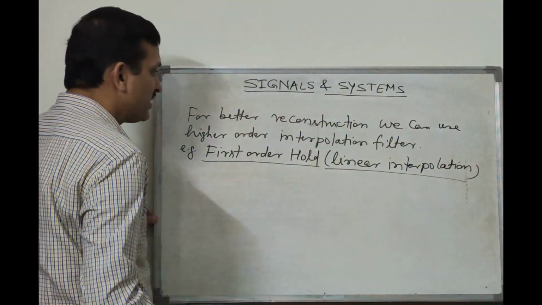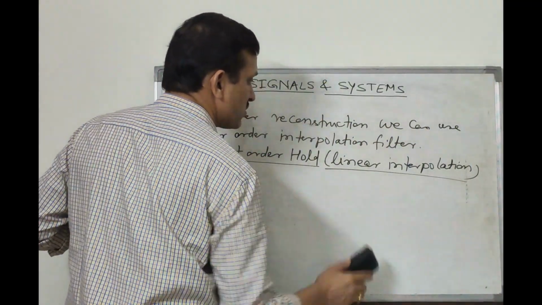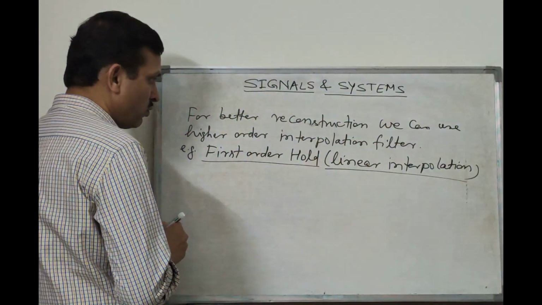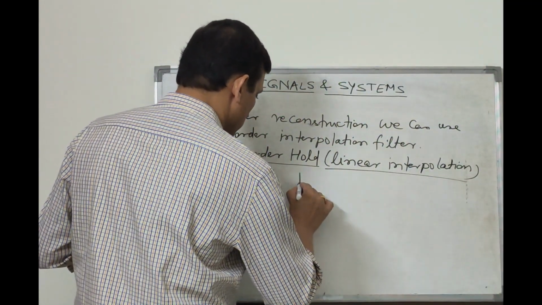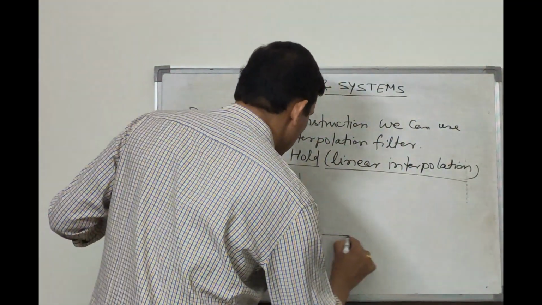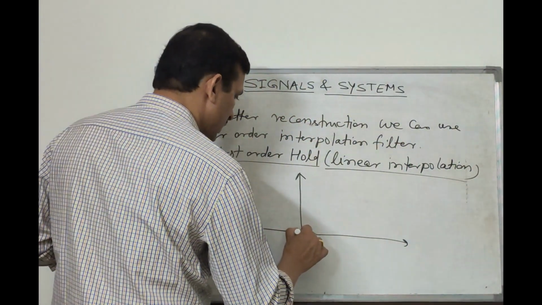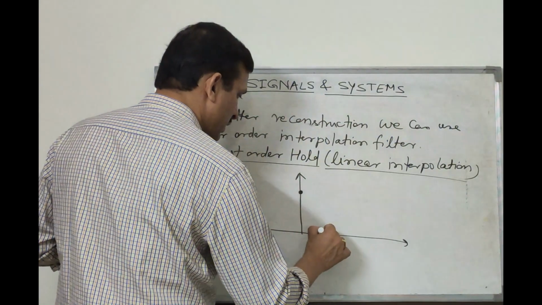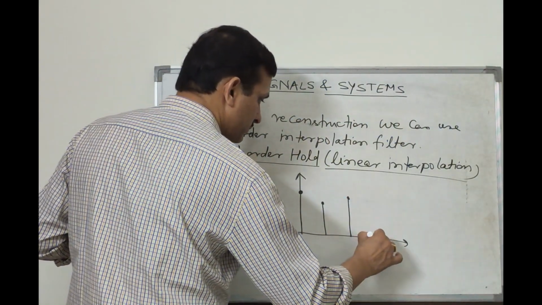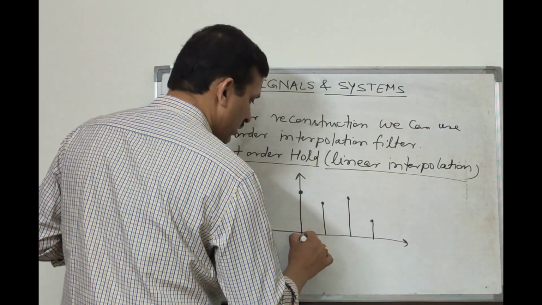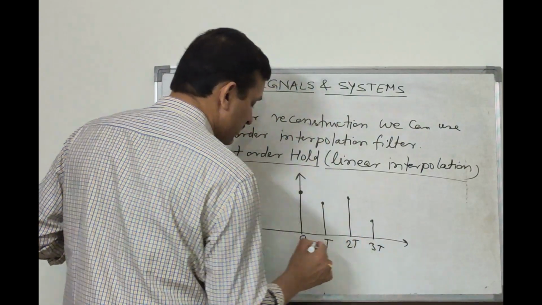Now we will see what this first order hold is. What is a linear interpolation filter? First order hold system. If this is the discrete time signal, let this be defined at discrete instants at interval T. For example, it is defined at 0, T, 2T, 3T.